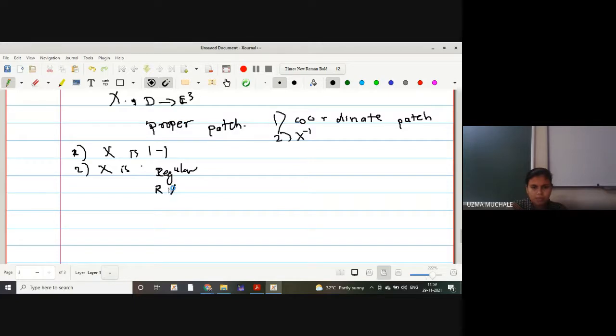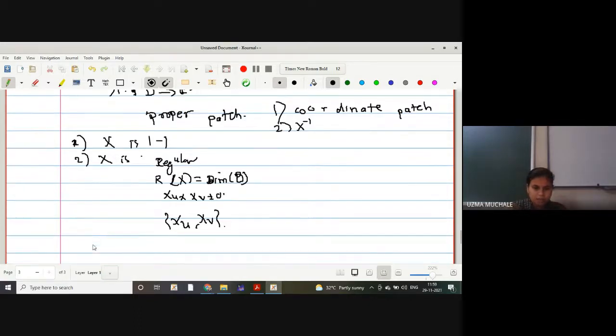Rank of x is equal to the dimension of the domain, that is 2. Or in another way, you can write xu cross xv is not equal to 0, or you can say xu and xv are linearly independent vectors, just like alpha dash of t works as a linearly independent vector.